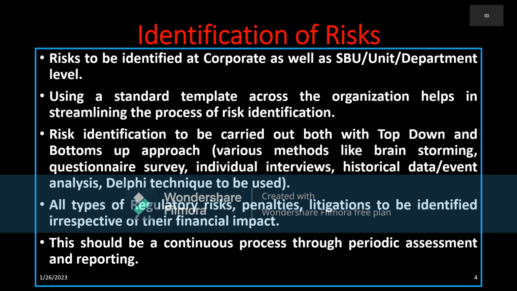Various methods like brainstorming, questionnaire survey, individual interviews, historical data or event analysis, Delphi technique, etc. are used in the process of identification. All types of regulatory risks, penalties, litigations need to be identified irrespective of their financial impact. And this is a continuous process which is carried out through periodic assessment and reporting.